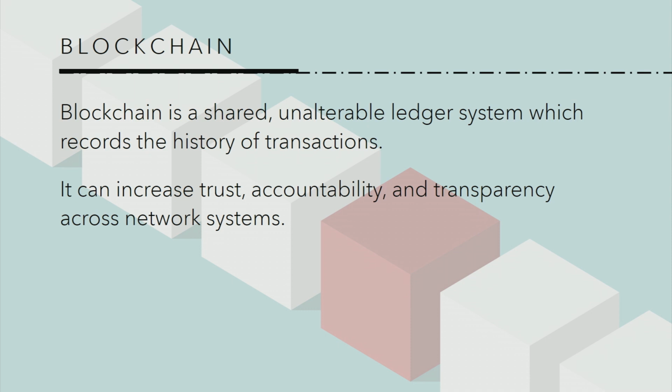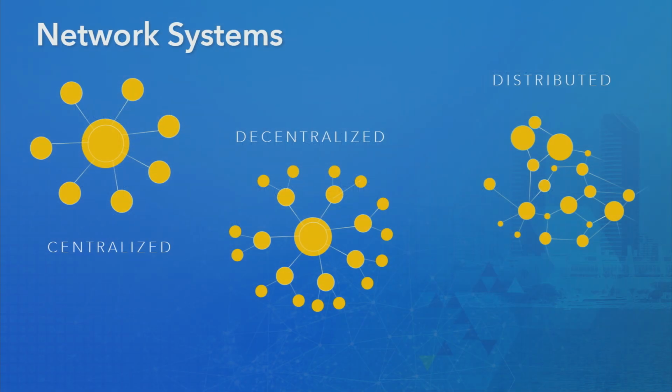It also provides us with a very secure environment. And that environment provides the ability for us to make trust with all the participants. So we're probably used to centralized and decentralized network systems for the most part. But a blockchain leverages a distributed network system.